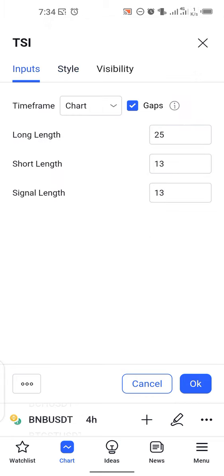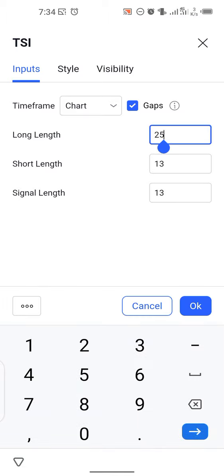We shall start with the input. For the true strength indicator, we start with the long length, which we shall change to 20. Then the short length, we shall give it 5.